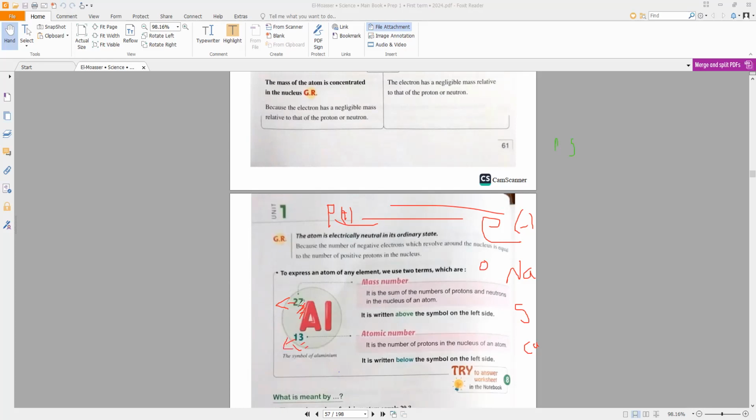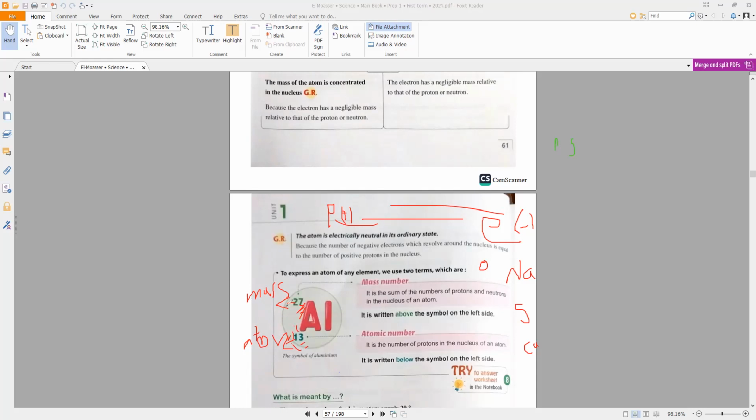What is the meaning of mass number and atomic number?